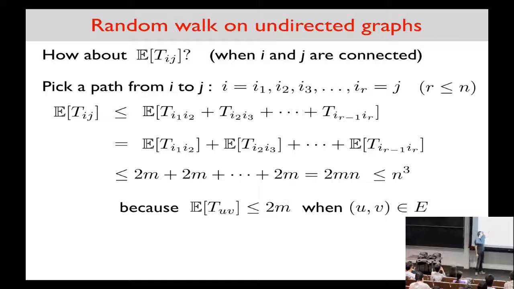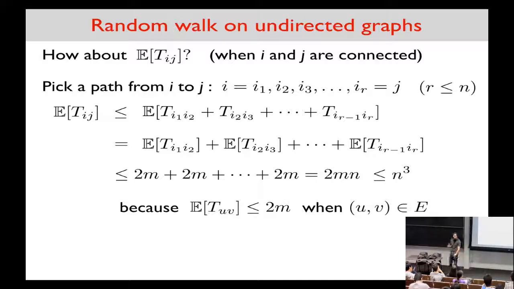But if each is at most 2m, then since there are n terms in this sum, it's at most going to be 2mn. m is at most n choose 2, the number of edges, so you can upper bound this by n cubed. This works because of the following fact: the expectation of T_uv, where uv is an edge, is at most 2m.